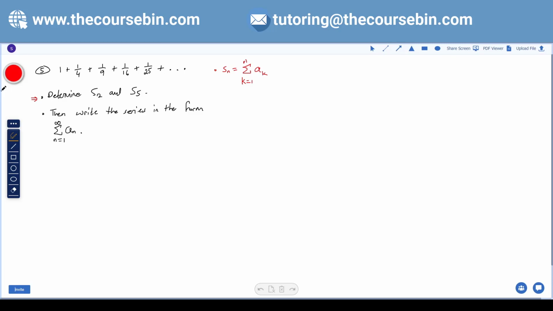So should S2 be 5/4? Yeah, so it's the sum of the first 2 terms. So for the S5, I know I'm taking the summation of all 5 terms, but is there a quicker way to do it?